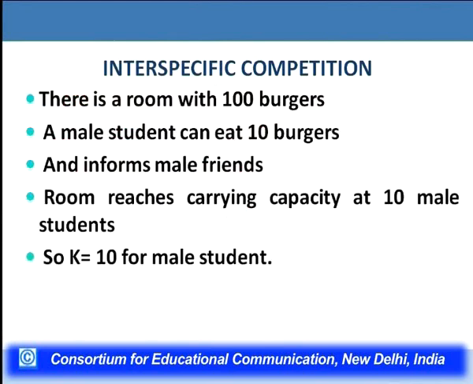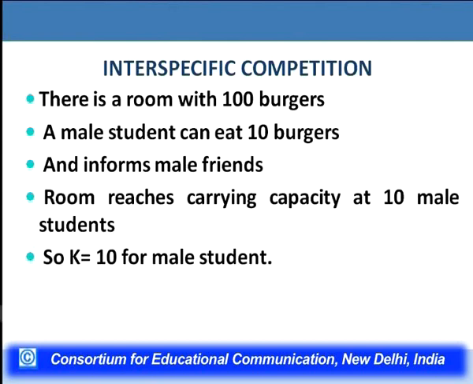Now I can explain how exactly we are going to talk about this with the help of an example. Suppose there is a room and there are about 100 burgers in that room, and either males or females can eat those burgers. Now a male student can eat 10 burgers. That is just a supposition for explaining this specific competition.